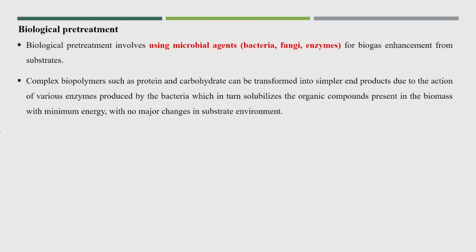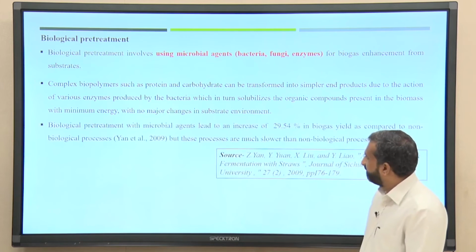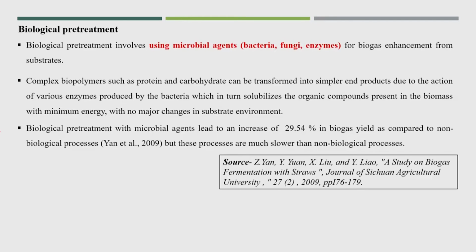That means it will increase the solubility of organic matter. And biological treatment with microbial agents can increase biogas yield by around 30%, according to some research. This is more beneficial.